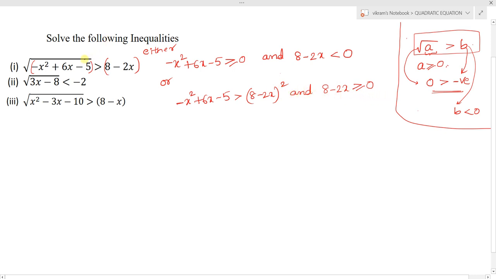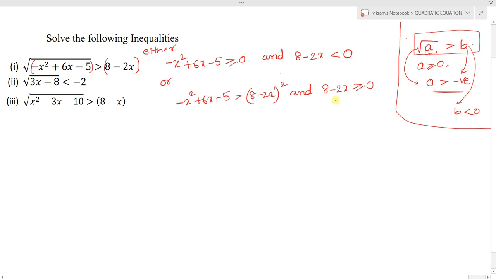Now to solve the first question, we have two conditions. Either minus x squared plus 6x minus 5 greater than or equal to 0 and 8 minus 2x less than 0, or minus x squared plus 6x minus 5 greater than 8 minus 2x whole squared and 8 minus 2x greater than or equal to 0.